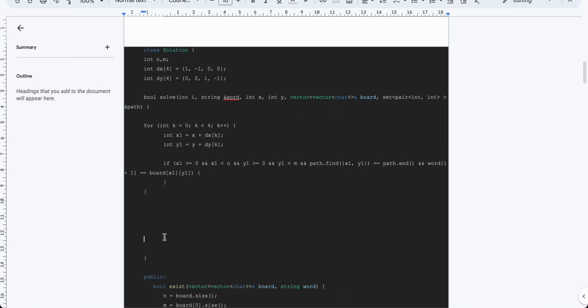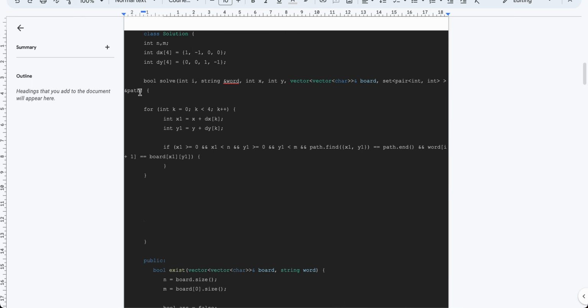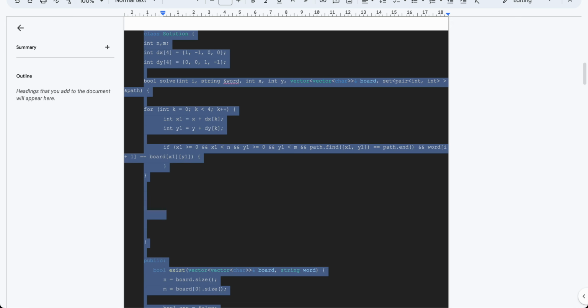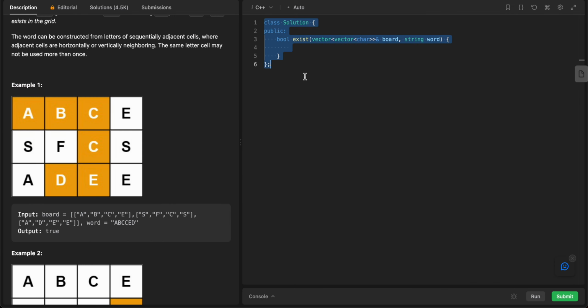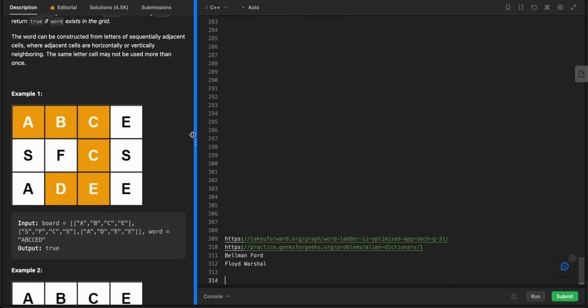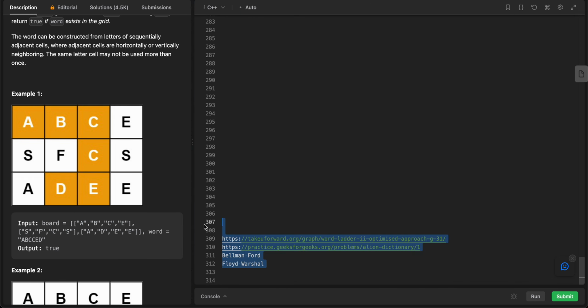Okay, what did I write? Let's write in the Leetcode console only. What did I copy?